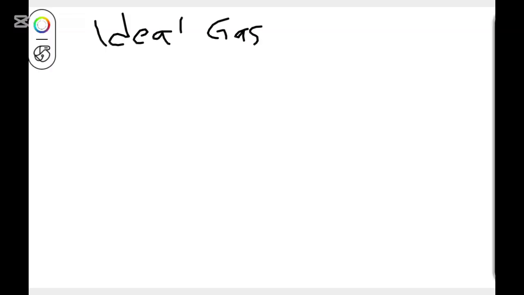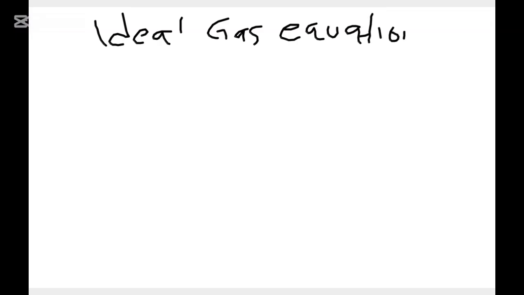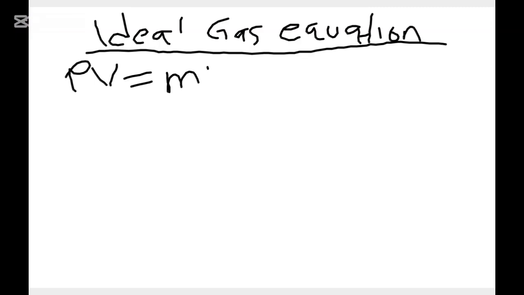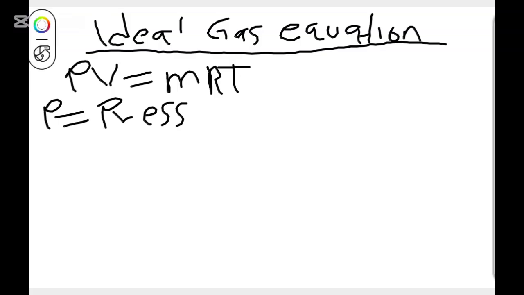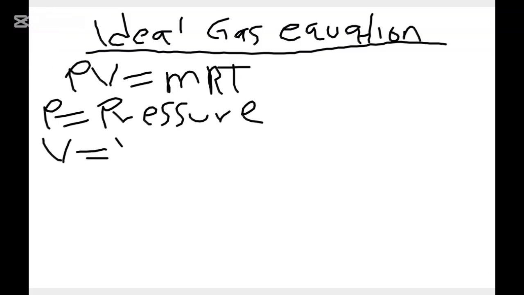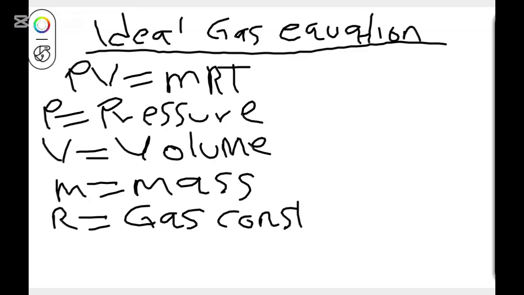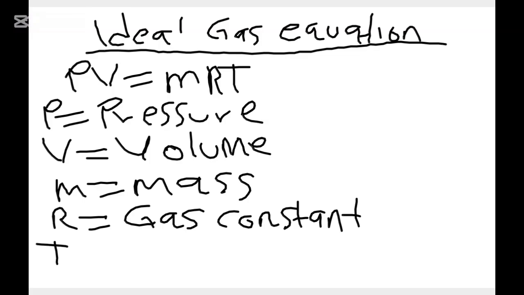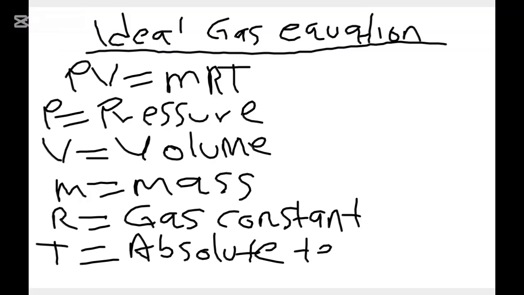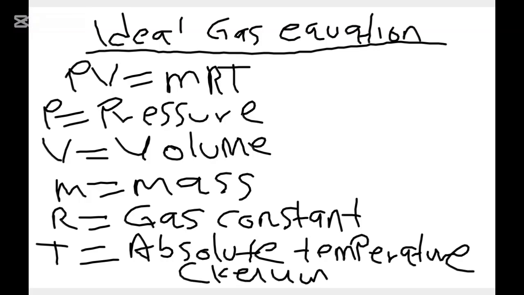So we have the ideal gas equation, PV equals mRT, whereby P stands for the pressure, V stands for volume, M stands for the mass, R stands for the gas constant, and T stands for the absolute temperature, which is in Kelvin.